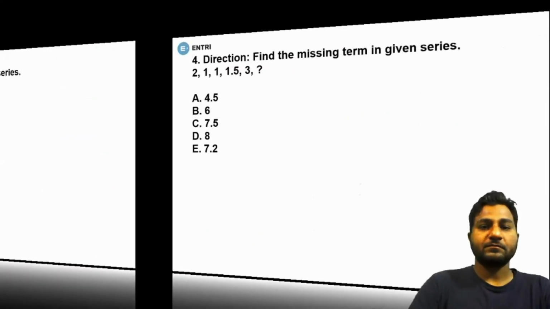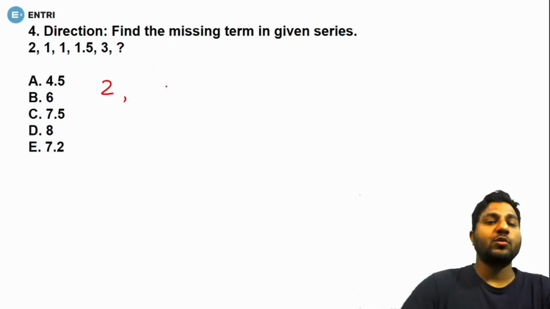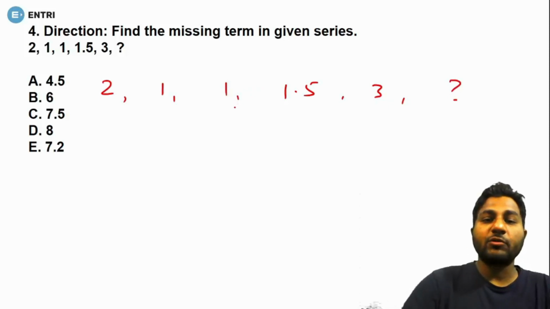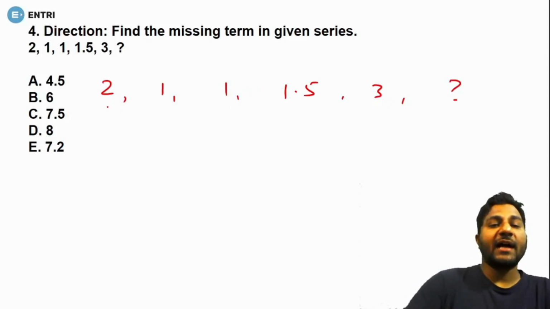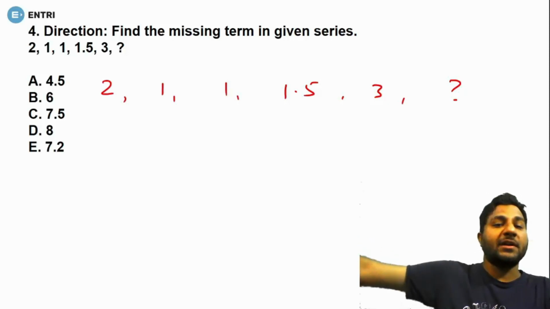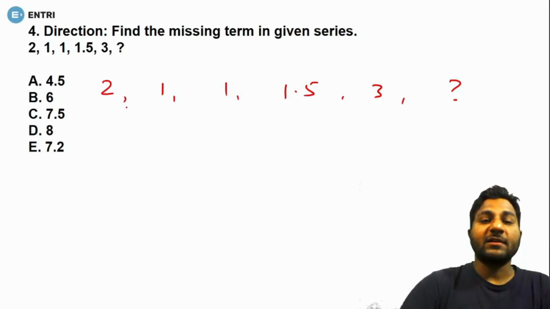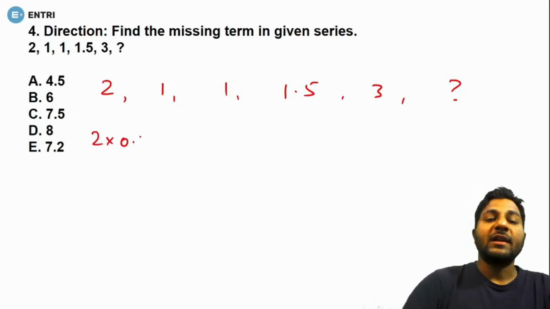Okay, the next question says, look at this. The next question clearly says 2 to 1 to 1 to 1.5 to 3 and the question mark. So now how are you going to approach? Again, you will see that it comes down first, after that it is constant, and then it keeps increasing. So that means something is multiplying, but the first number is multiplied with less than 1.